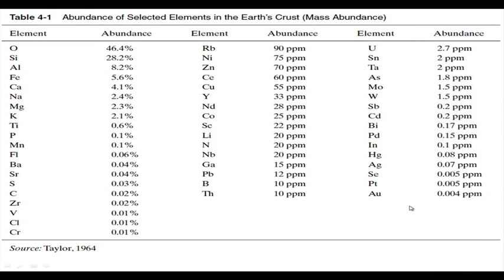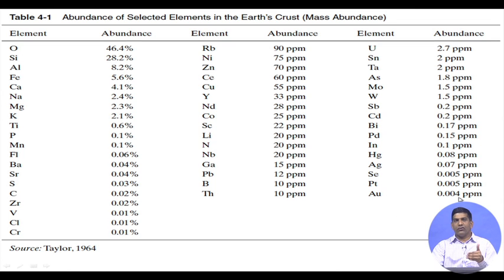If we start from the bottom of the table, as we go into the bottom part: gold, platinum, silver, mercury, indium, palladium, bismuth, cadmium, antimony, molybdenum, arsenic. These are available at a very low concentration.